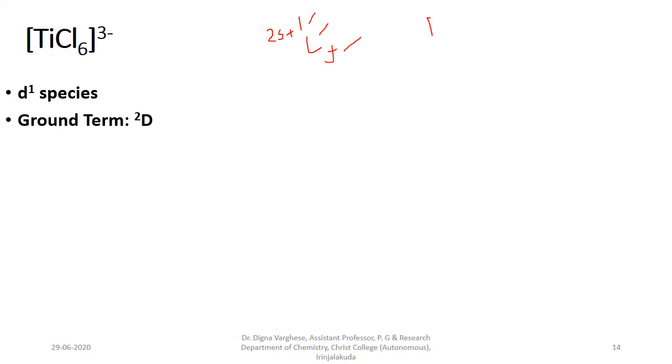In the case of the d1 species, there are 5 d orbitals with ml values 2, 1, 0, -1, -2. The electron is present here, and therefore 2 into 1/2 plus 1, that is 2S+1, is equal to 2 for the spin multiplicity.